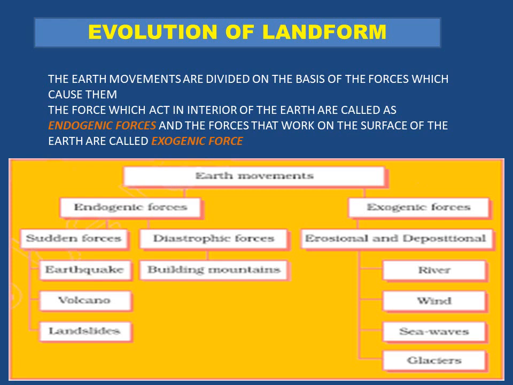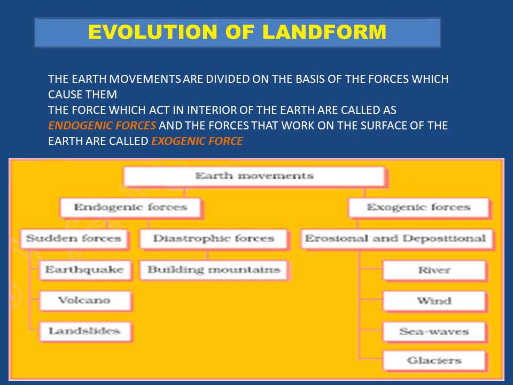When we say exogenic forces, we can say wind, water, rain. All these are external forces which affect the formation of landform, the structure of mountains, rivers, the basic landscape of the earth. However, there are certain forces which are internal, for example volcano and earthquake movement. All those forces are endogenic.